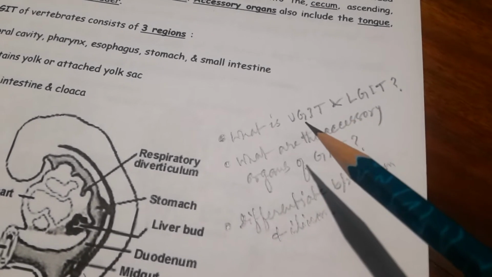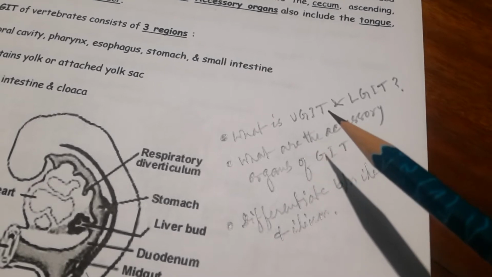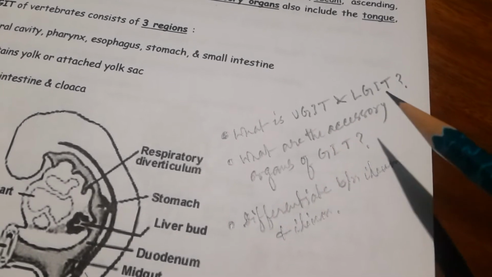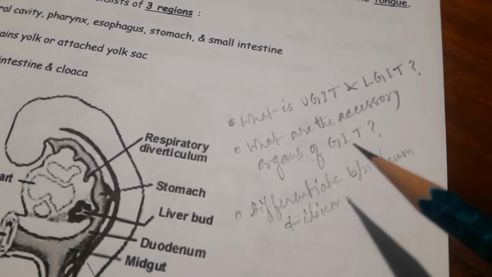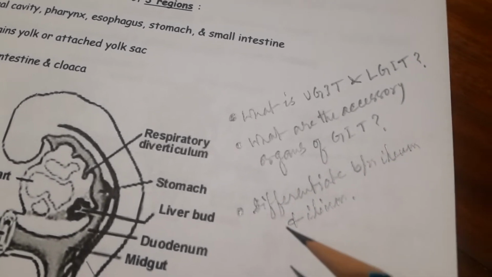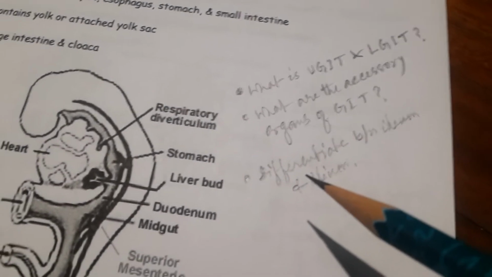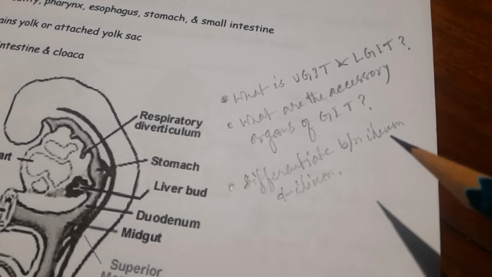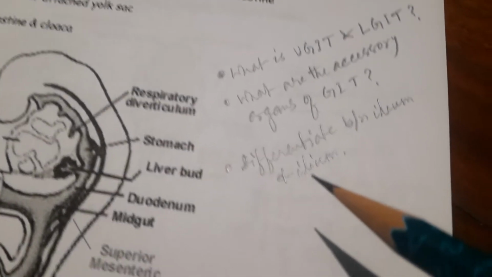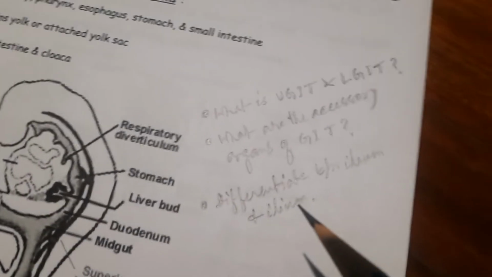I have discussed it. UGIT, upper gastrointestinal tract, and LGIT, lower gastrointestinal tract. What are the accessory organs of GIT? I also discussed it. And this question also may come: differentiate between ileum ILEUM and ilium ILIUM.